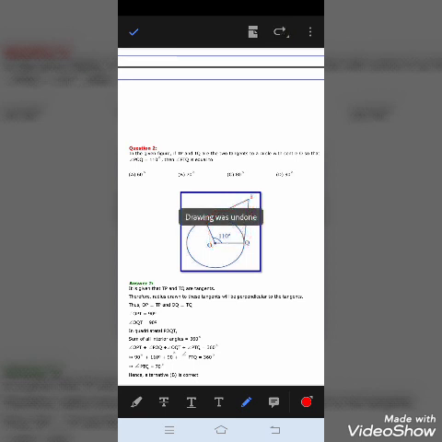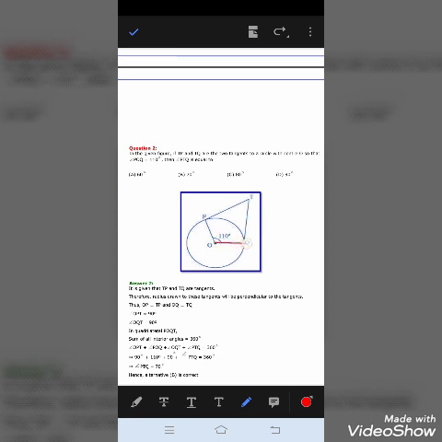So let's start with the solution. Here TP and TQ are the tangents in the figure, which is already mentioned in the question. Therefore, the radius drawn to a tangent is perpendicular to the tangent.